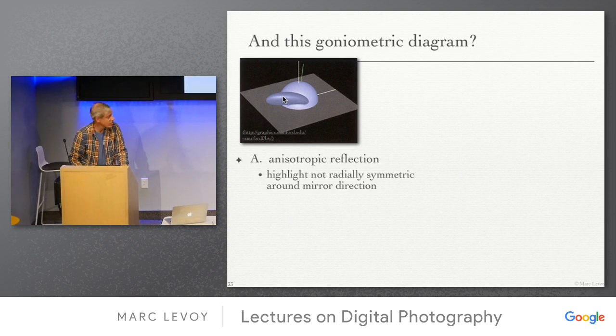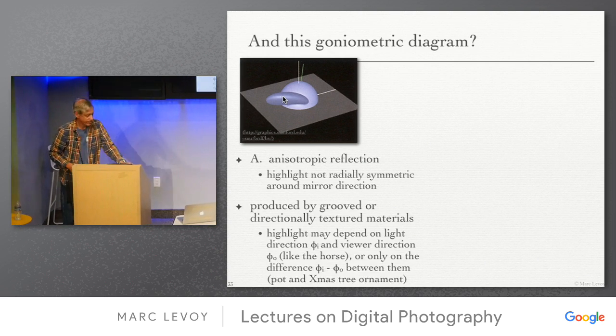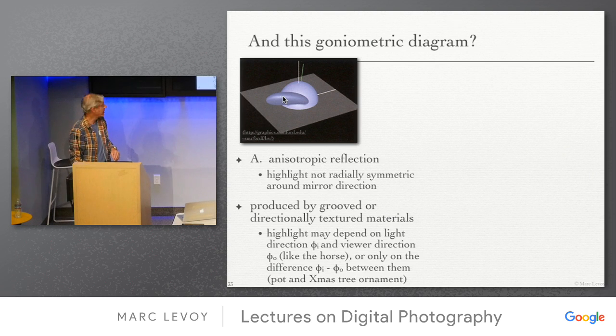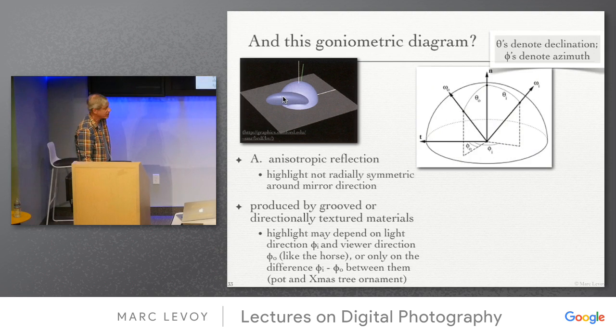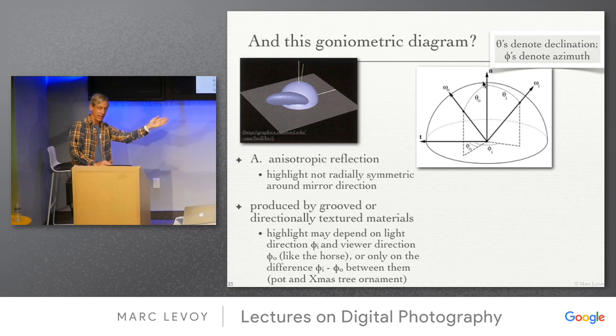And so that's called anisotropic reflection. And so textured or brushed surfaces will have such a reflection. So we have to introduce some more angles if we're going to talk about that. And so here's a slightly more complicated diagram that shows the angle of declination from straight up.